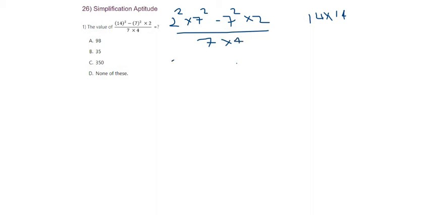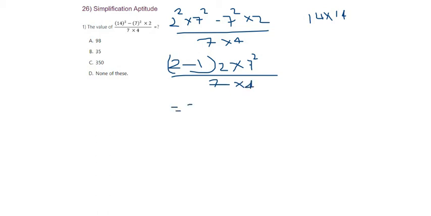Okay, so when you take common in the first place, 2 minus 1 common, it is 2 into 7 square by 7 into 4.